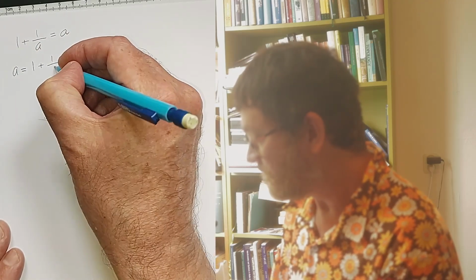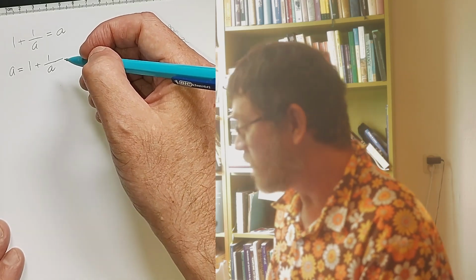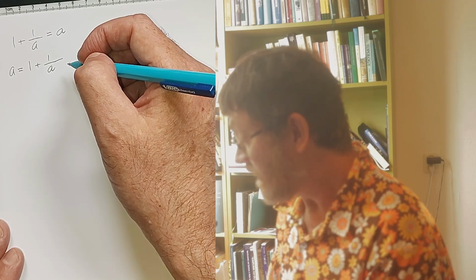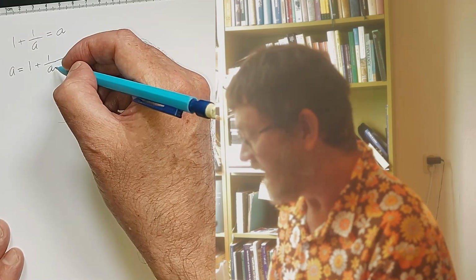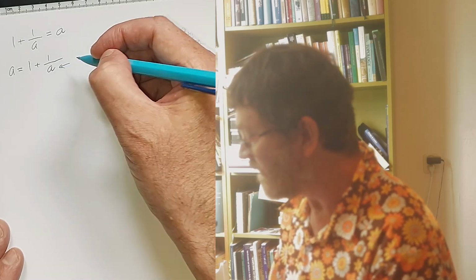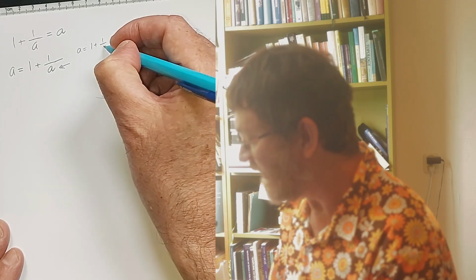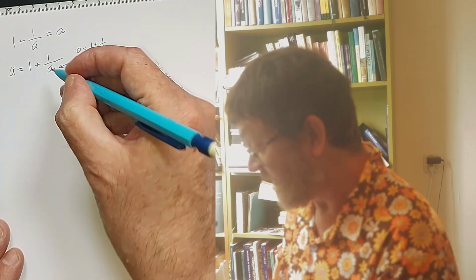Not very exciting. The thing is, what we're going to do this time is like what we did for the square root of 2 last time, only backwards. What we're going to do is we're going to say a is equal to 1 plus 1 over a, but we could substitute that in for this a as well. So let's write a equals 1 plus 1 over a there, and we're going to substitute that expression in for this expression a.